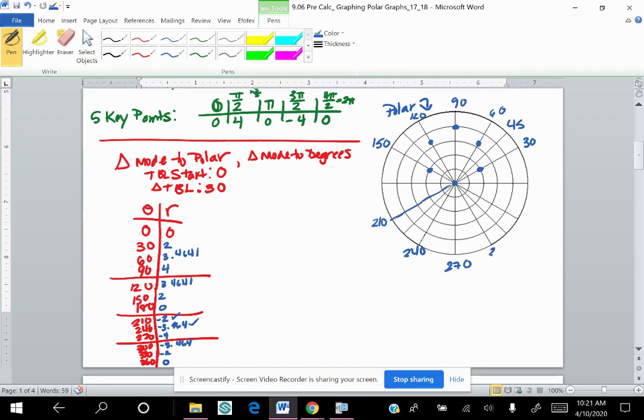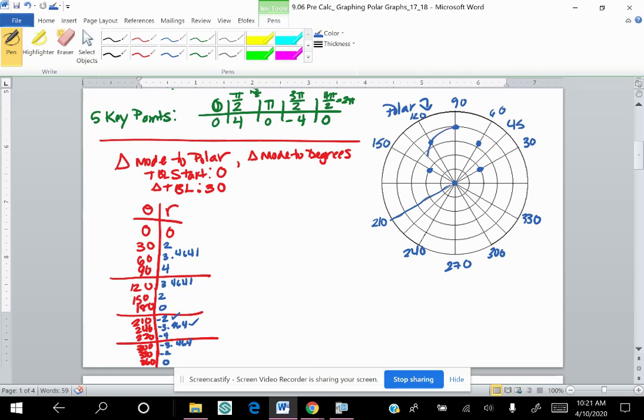Then at 300, we're at -3.46. So we jump to the opposite quadrant and we already have a point there. And then at 330, we're at -2. Again, negative, so we jump to the opposite quadrant, and we already have a point there. And 360 is 0, which we already have a point there.